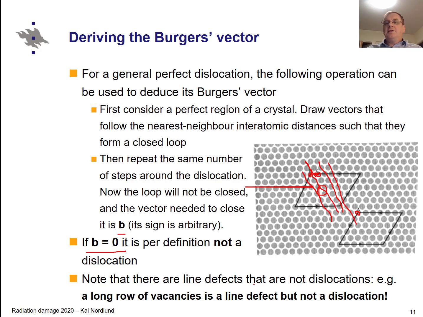Imagine taking vacancies, say removing this atom and all atoms above and below it in a three-dimensional crystal. Then if you do the Burgers circuit, you would get b equals 0 because the lattice is not distorted. You don't have any extra atom planes in or around it. So a long line of vacancies is definitely a defect, but it's not a dislocation.